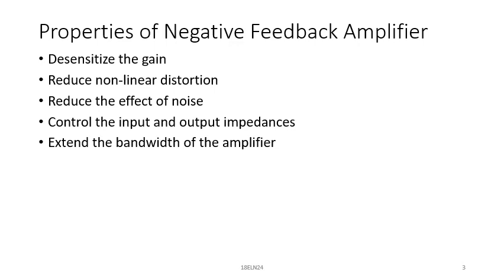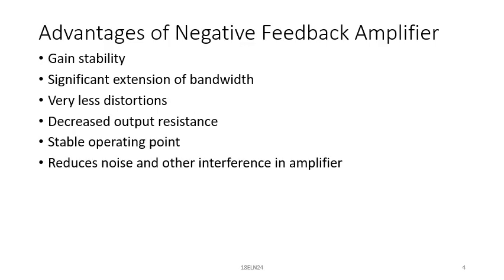Next we'll discuss the advantages of feedback amplifiers. Gain is stabilized. You will get a stable gain because there will be less distortion. Then the second point is a significant extension of bandwidth.